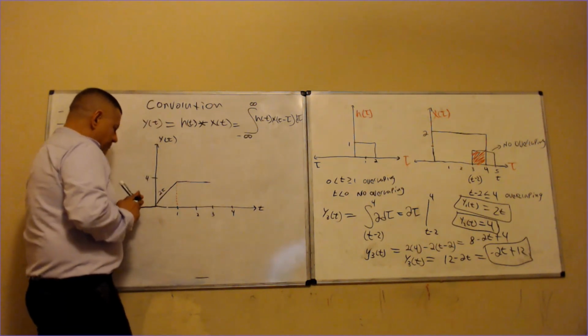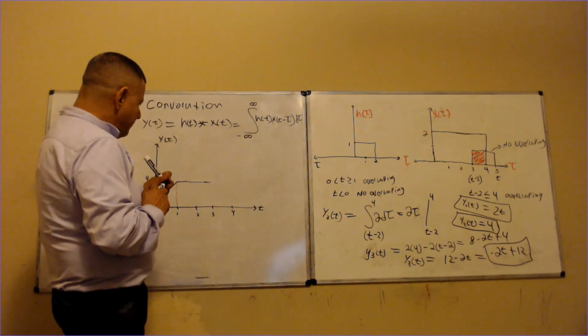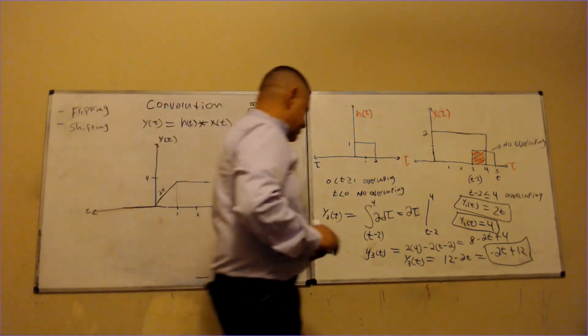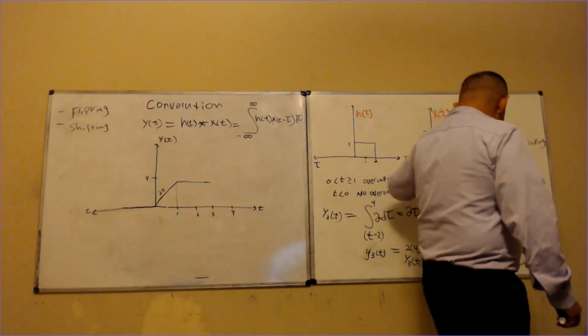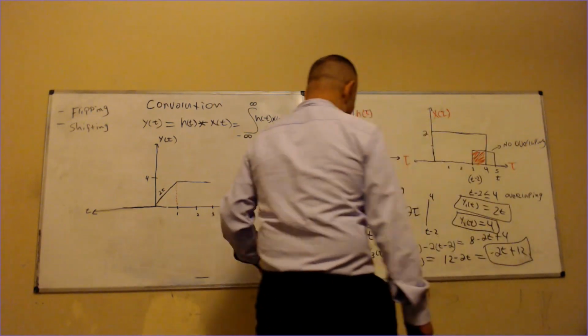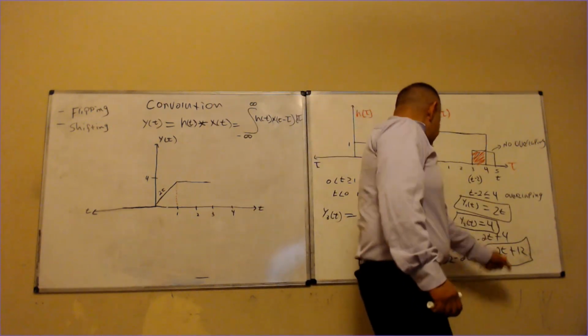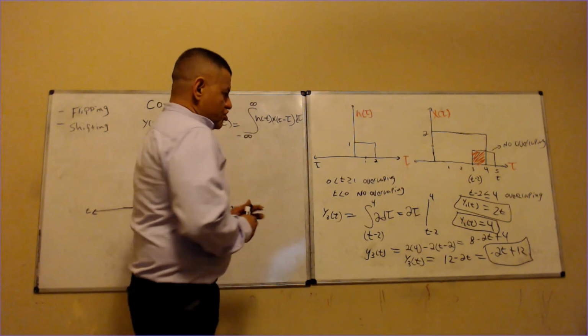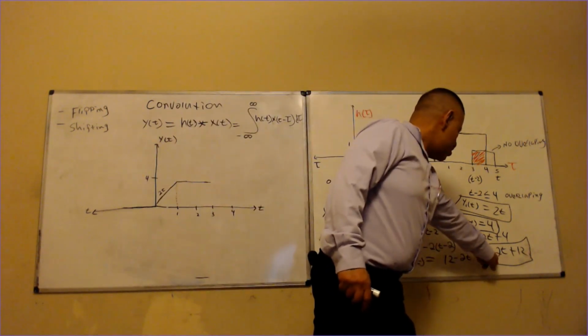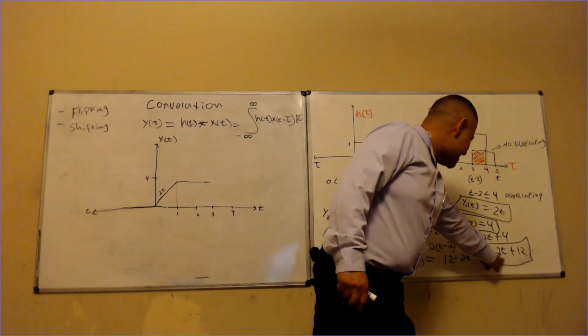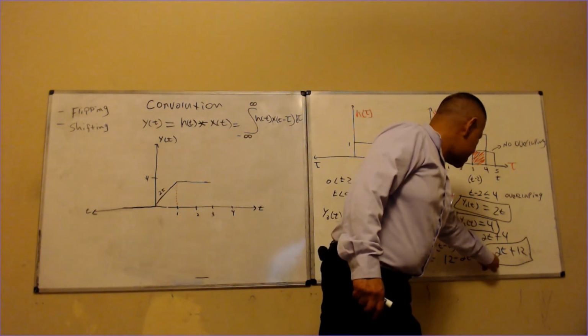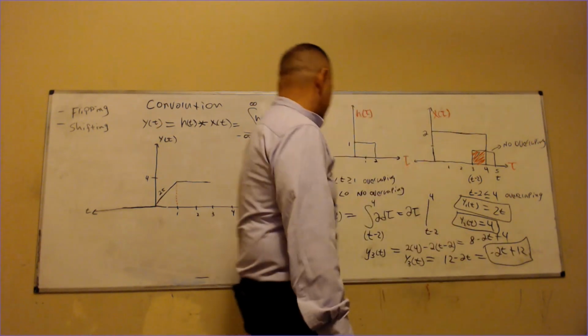So if you think about it, at that point we're going negative, right? We're going negative, right? So in this case, think about it. You have 2t plus 4 plus 12, right?